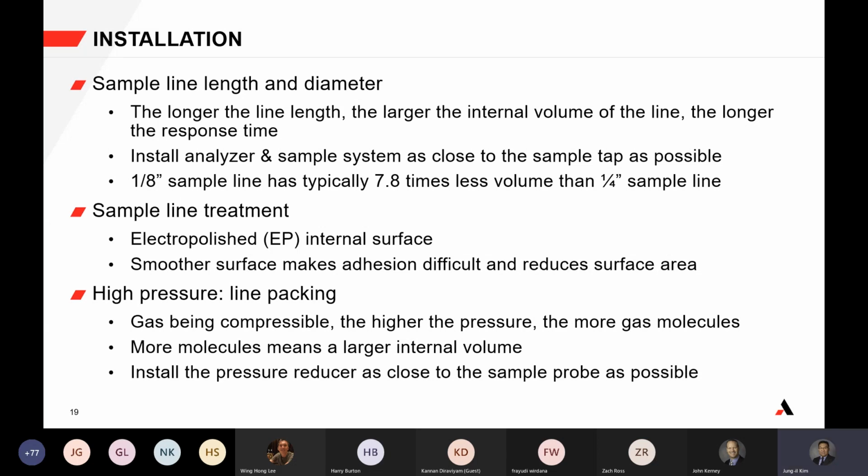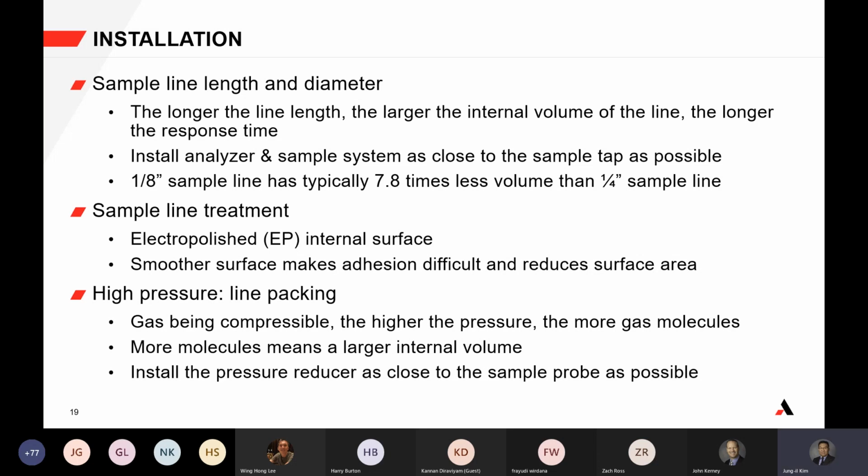Using a small diameter sample line reduces the internal volume, thus improving the speed of response. 1/8-inch line typically has 7.8 times less volume than 1/4-inch sample line. Using electropolished tubing means a smoother internal surface, which reduces the surface area water molecules can adhere to.